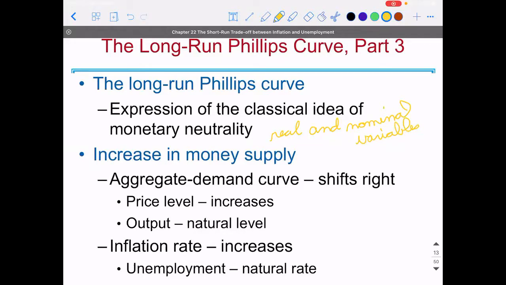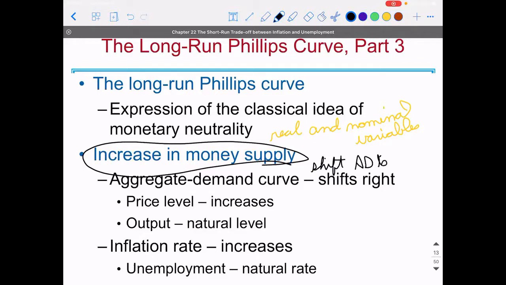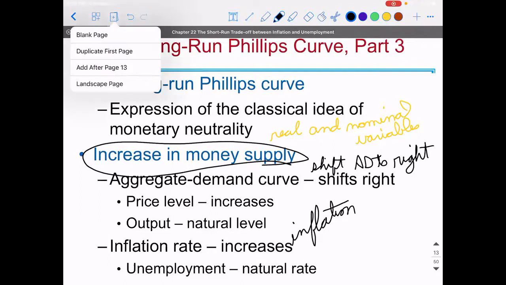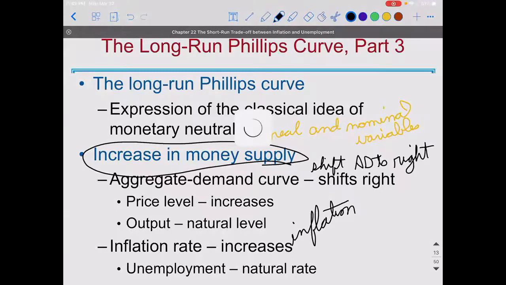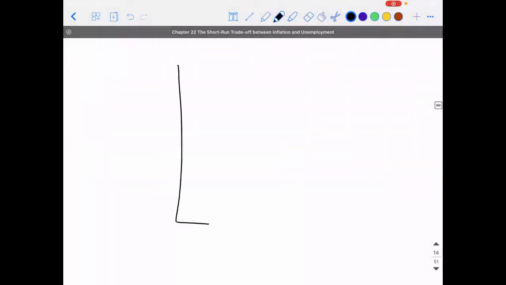And in that, as you increase the money supply, you shift the aggregate demand curve to the right. And as you shift that aggregate demand curve to the right, it does cause inflation. But again, no impact on the unemployment rate.